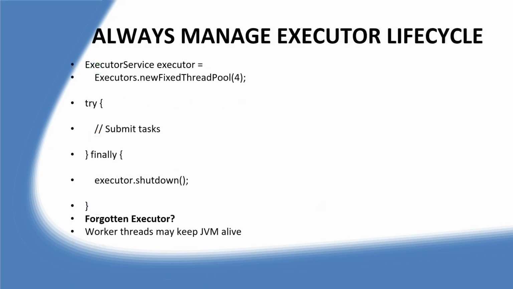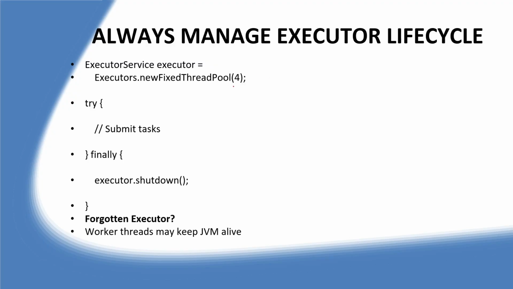Now, one important point: don't forget to shut down. When we create an executor service, we also need to manage its life cycle. As we learned earlier, worker threads in a typical executor service can keep the JVM alive.